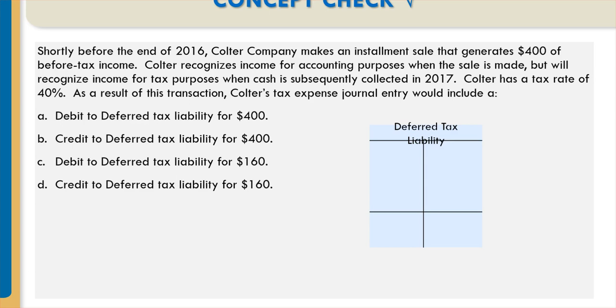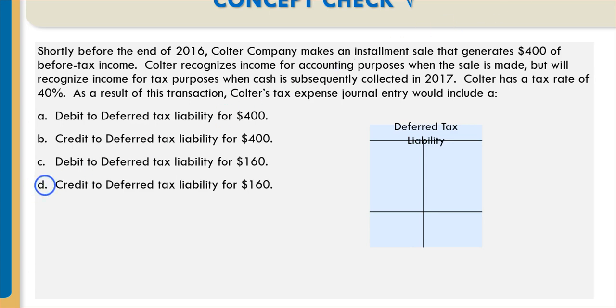So the pre-tax accounting income somehow needs to be reduced to get to what your taxable income is. And if it's reduced, it's a deferred tax liability in your setup. You can put this in that setup form if you want to, or you can simply write down the number, and you can say that it starts with 400 in the pre-tax number, and then the taxable will be nothing in the first year.